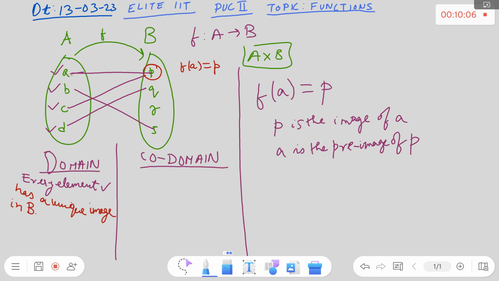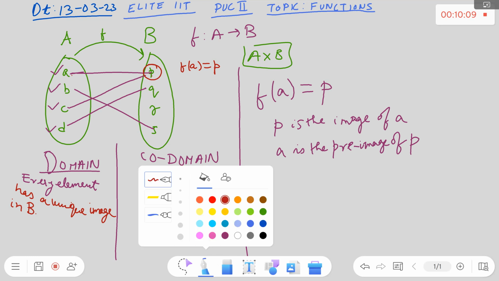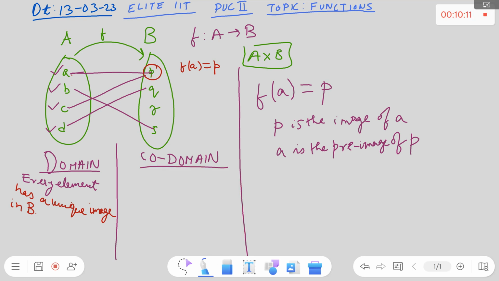In the codomain, what is the codomain? Codomain is this set B, isn't it? Here, every element may not be included. Yes or no? So every element may not have a pre-image.